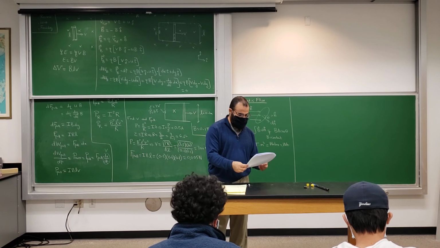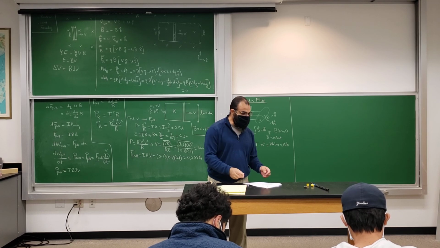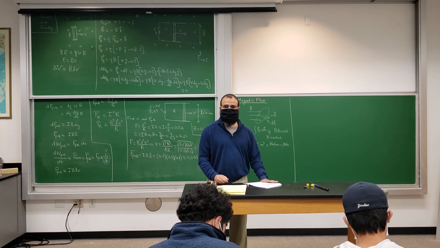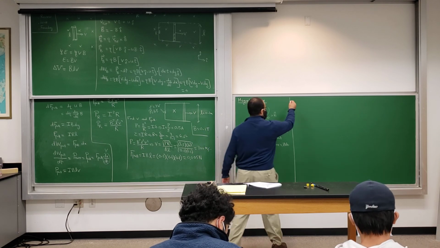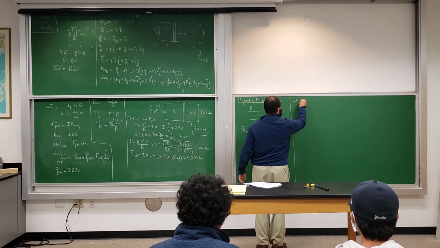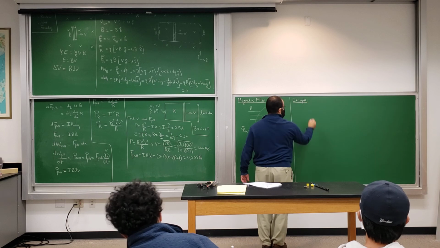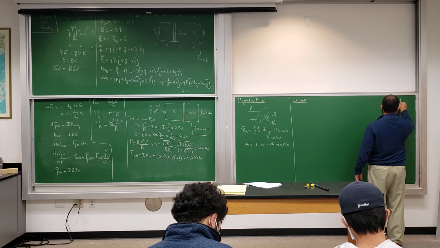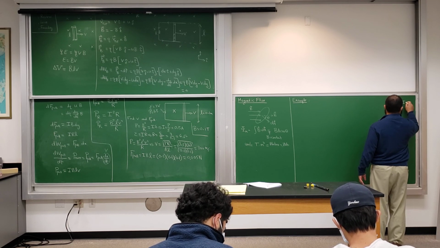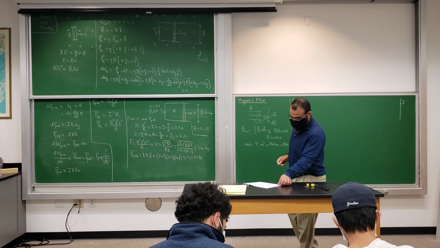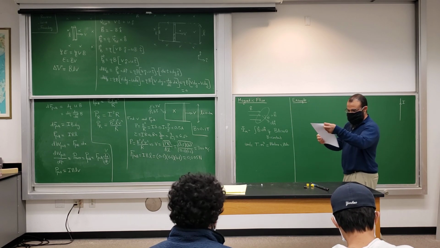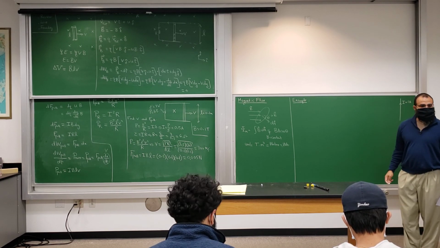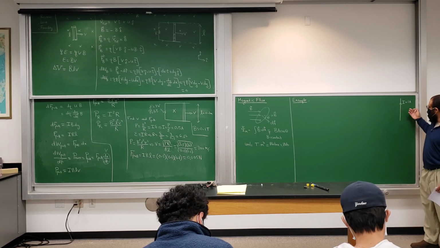So let's do a question for a non-uniform field to see how we can calculate the magnetic flux. Here is the example. Suppose I have a current in this direction. Let's say the current is 1 ampere. In what direction is the magnetic field on this side?